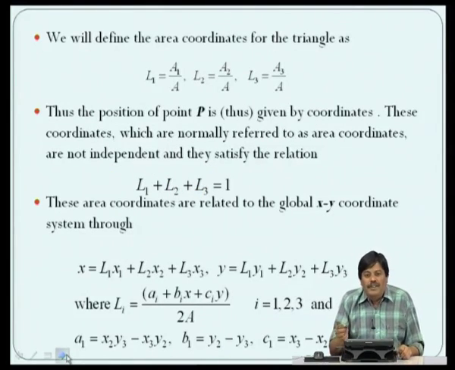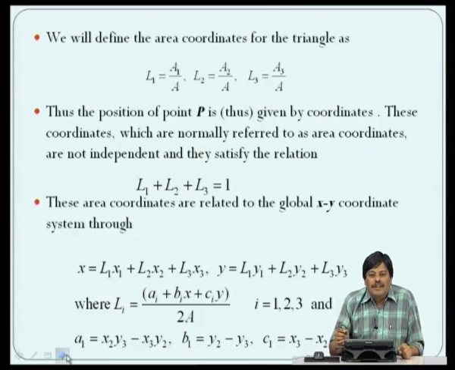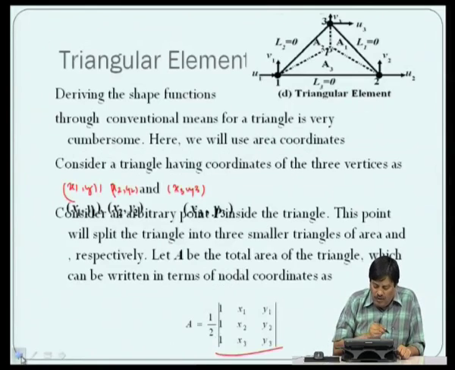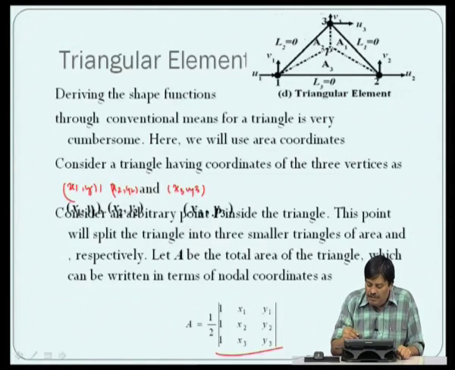Now we will define the area coordinate for this problem. The point P is located by L1, L2, L3, where L1 is the sub area A1 by A. L1 is the one where the opposite node is node 1.